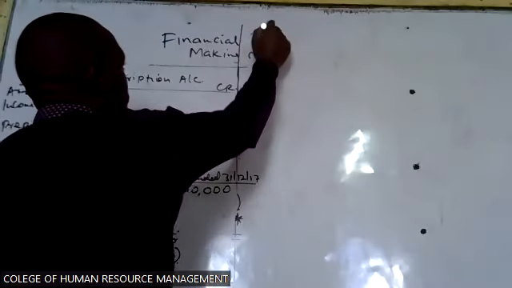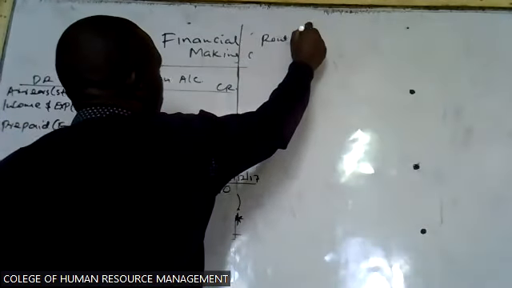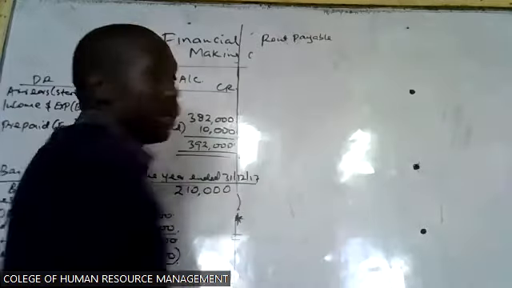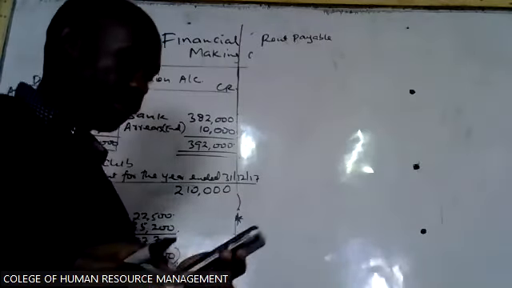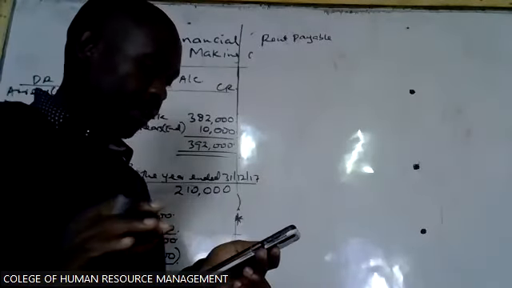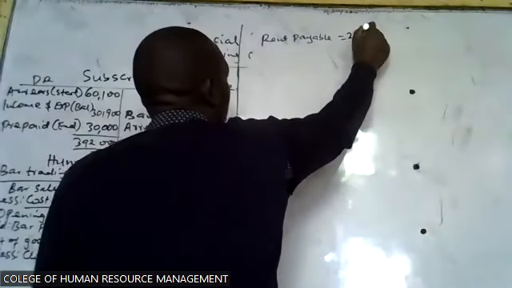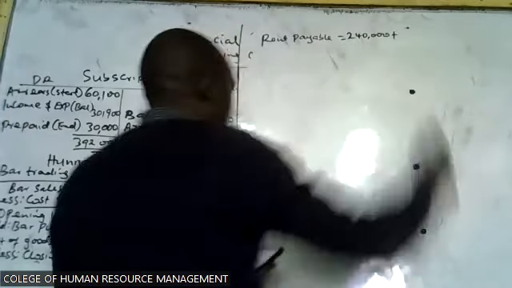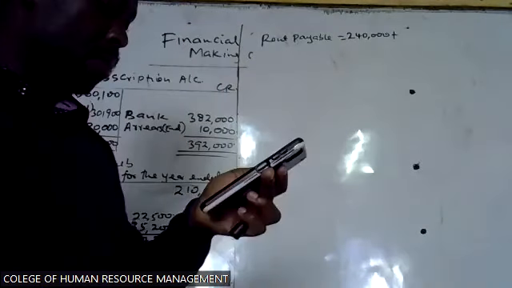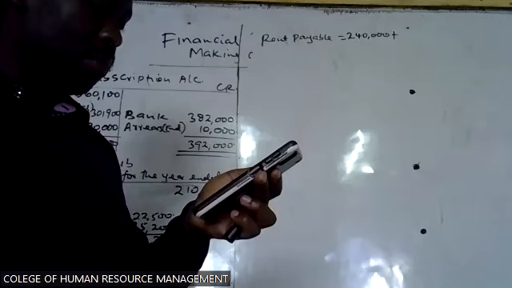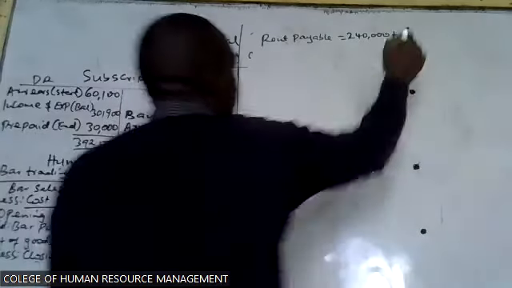The rent payable. We said you get to the figure that was paid. Go to the payment side, you'll get that the rent that was paid there was 240,000. You add the closing balance that you are given as the balances there, 20,000.